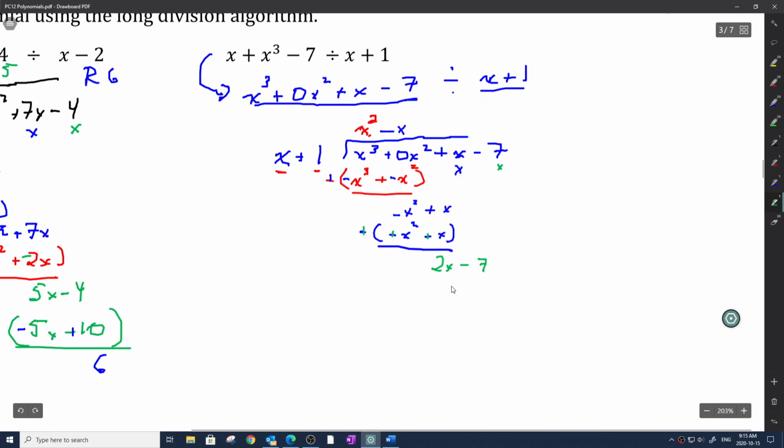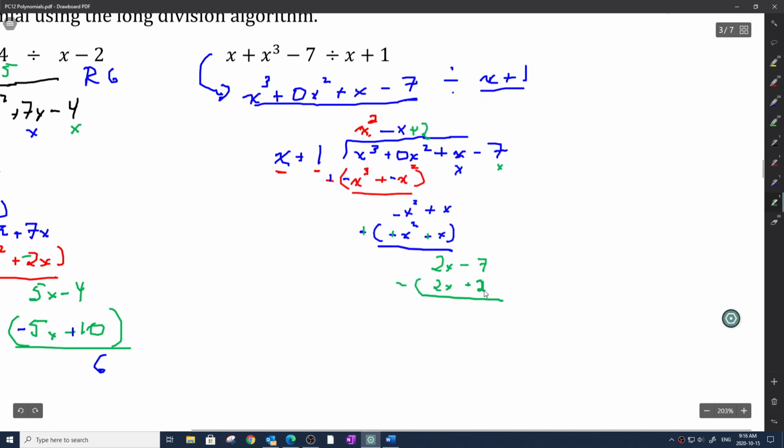What times x gives me 2x? 2. Sorry, 2 times x plus 1 gives me 2x plus 1, that's incorrect. Now this is a common mistake. 2 times x gives me 2x. 2 times 1 gives me 2.